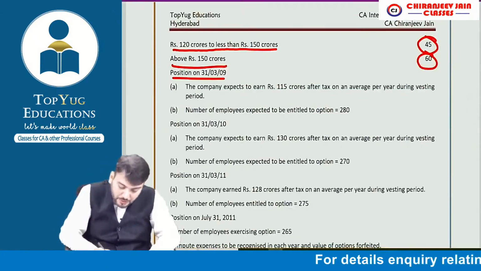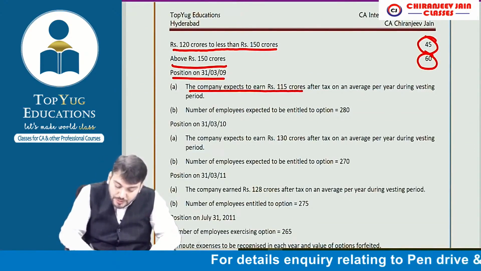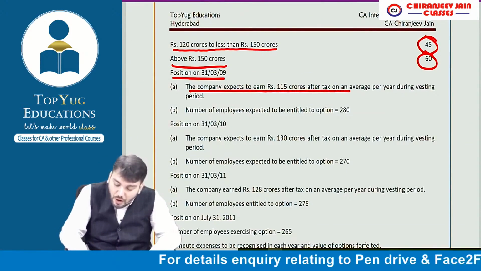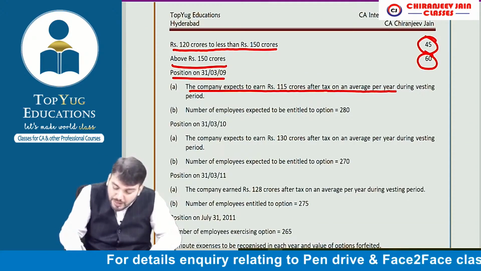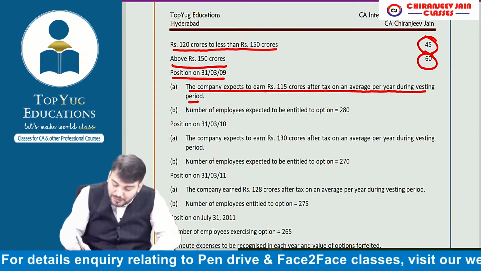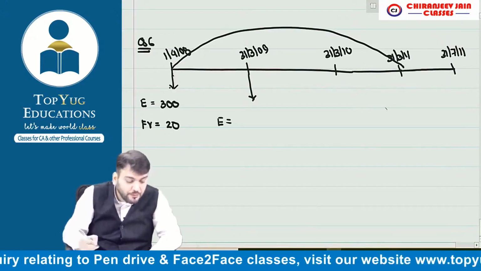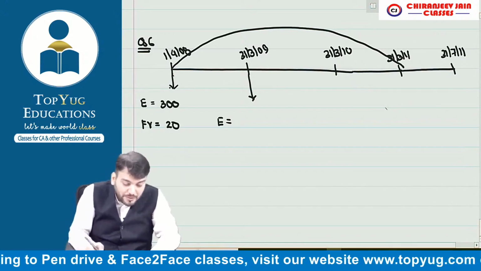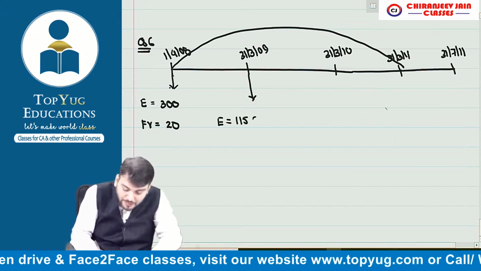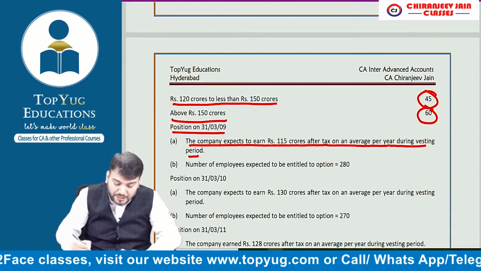चेक करेंगे. The company expects to earn 150 crore after tax on an average per year during vesting period. Means what is their expectation? कि their earning will be what? 115 करोड़. तो ये कौन से स्लैब में चेक करेंगे?